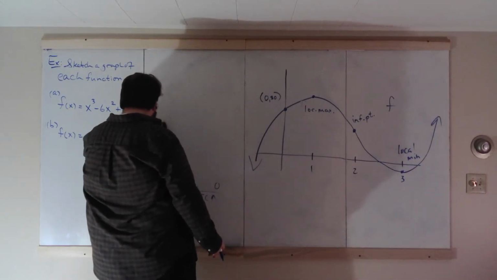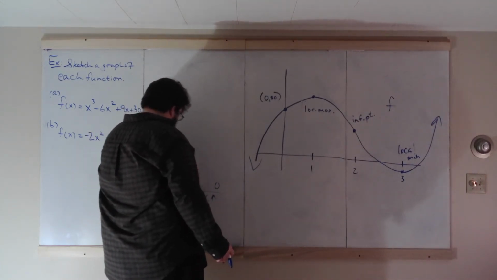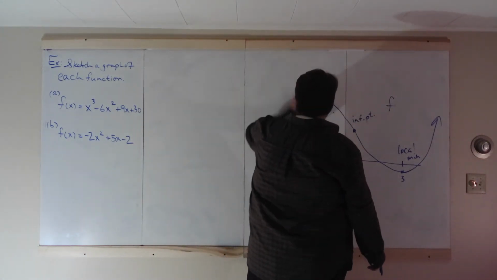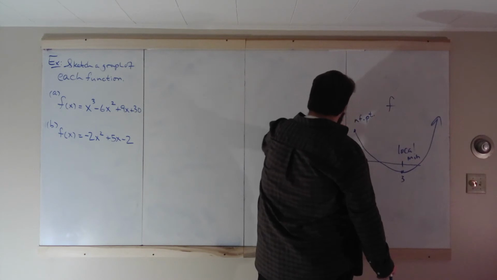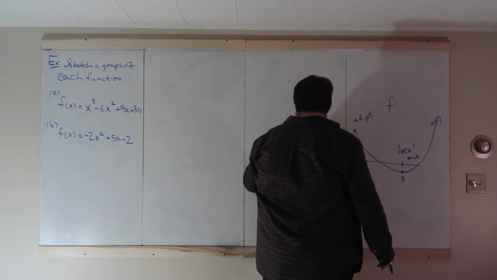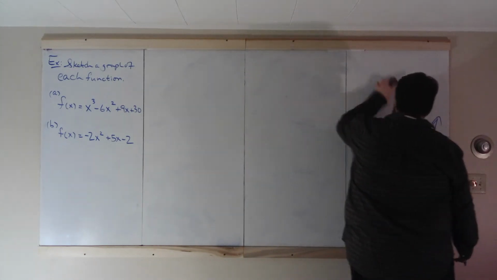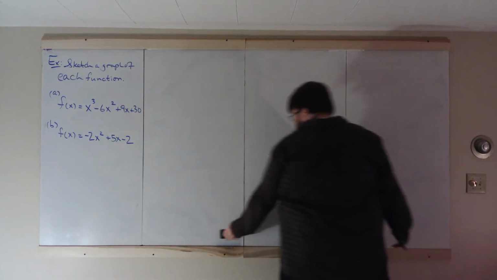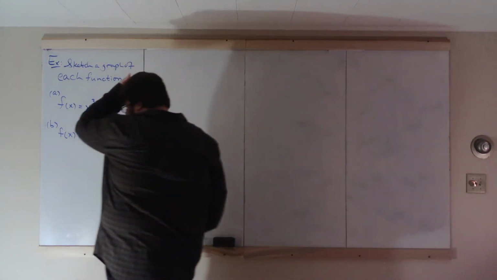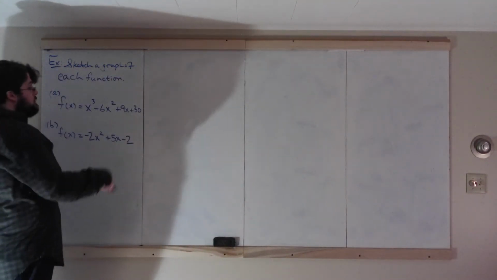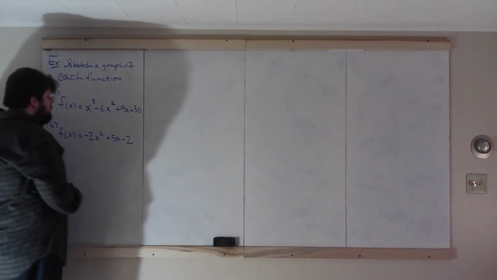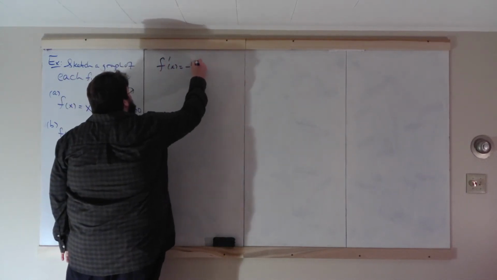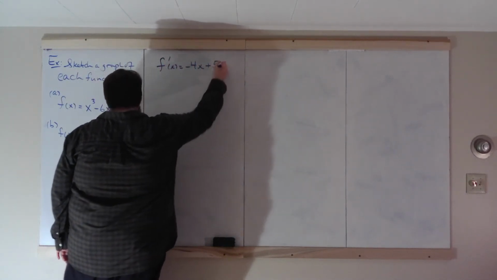Let's look at the second example. Now, we actually could graph this with our completing the square method from week 1, since it's a degree 2. Let's use calculus to do it. Let's see what that looks like. First, second derivative. F prime is negative 4x plus 5.